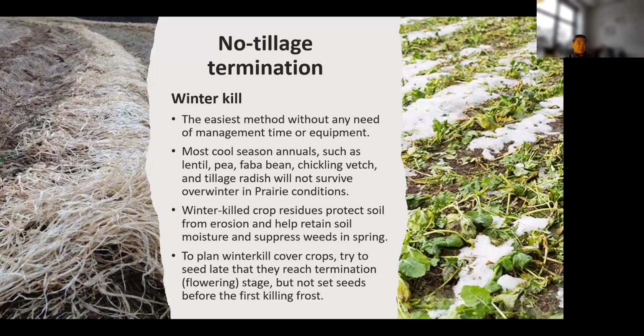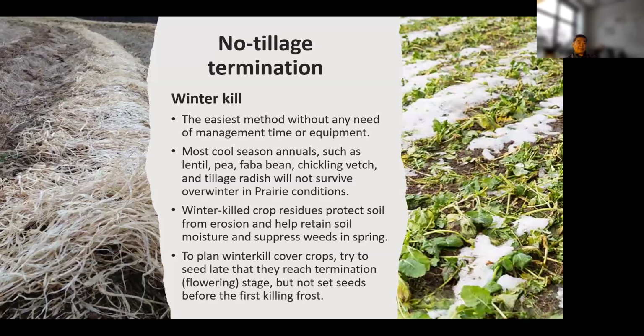To plant winter kill cover crops, try to seed late, because you have to find a time window that would reach the termination stage, since that would give maximum benefits, and in the meantime not set any seeds before the first frost.